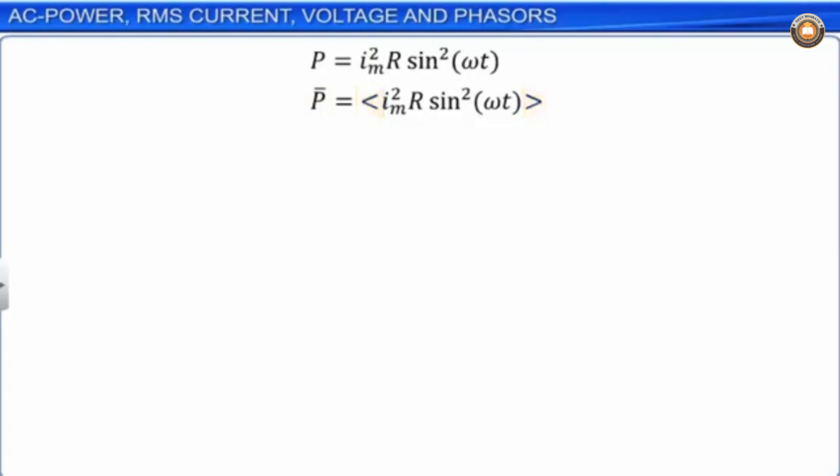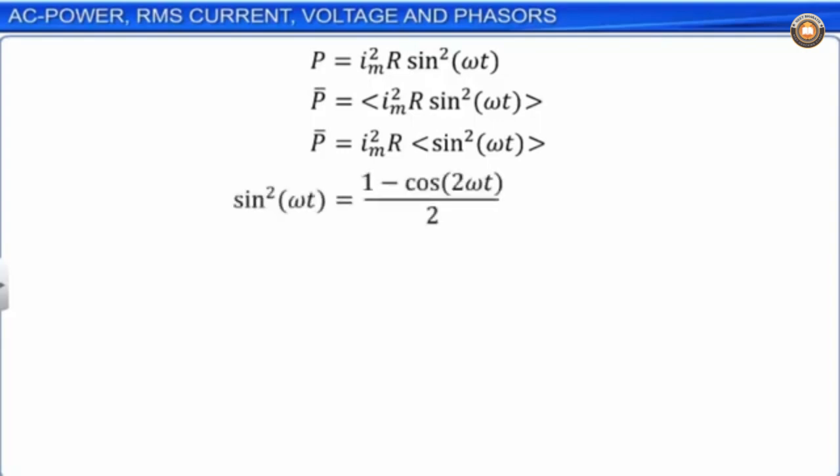As the quantities Im and R are both constant, we can take them out of the angular brackets while computing the average value of the expression. Now, we have to calculate the average value of sine squared omega t in order to compute the average value of the expression. For this purpose, we will use the trigonometric identity: sine square omega t is equal to half of 1 minus cos 2 omega t.